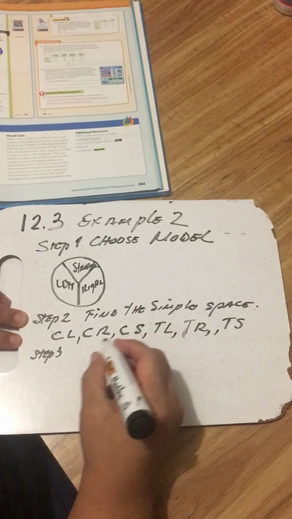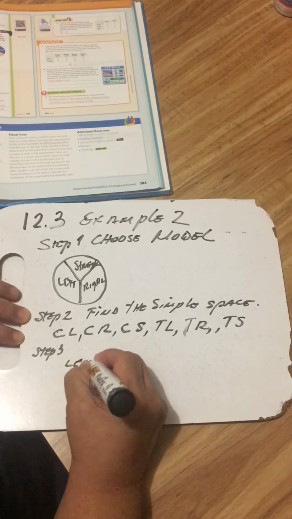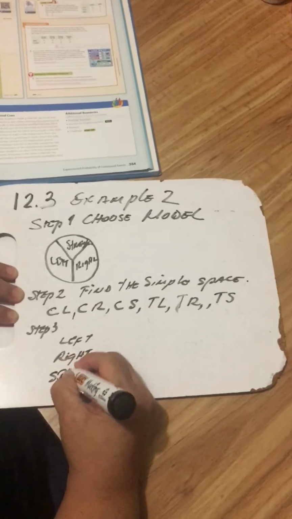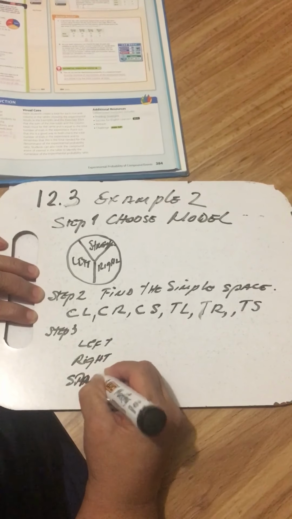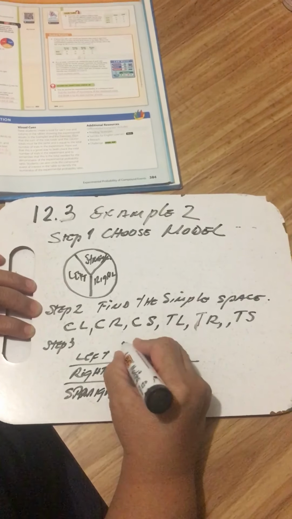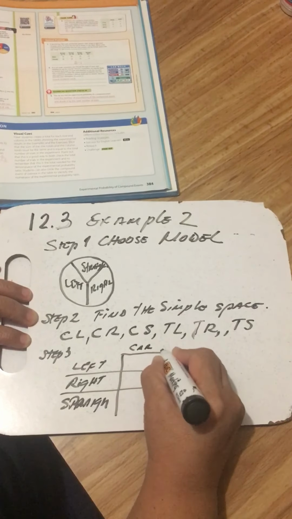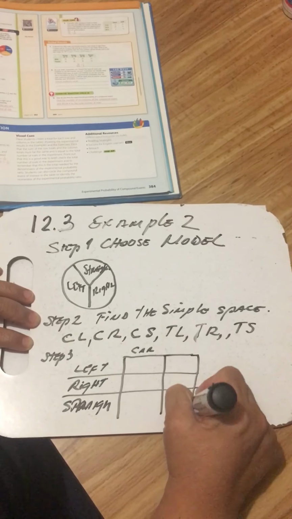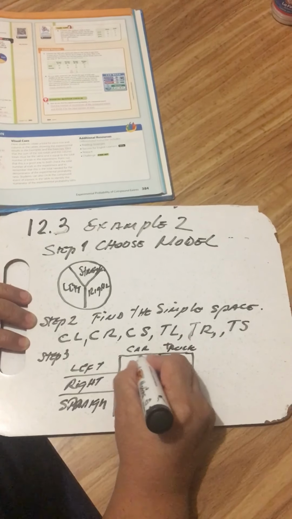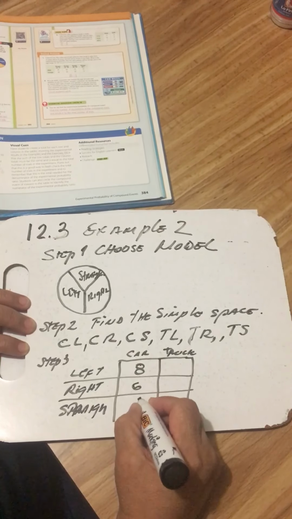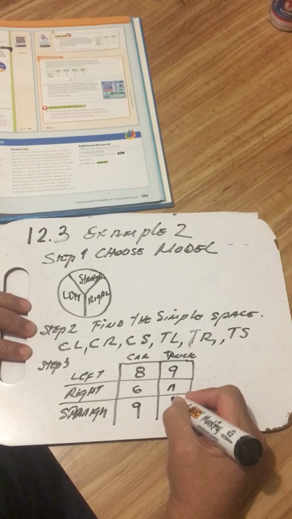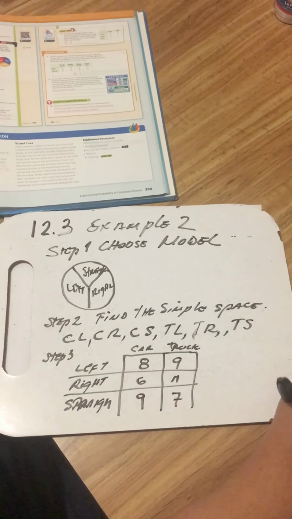Then the results are going to be left, right, and straight, and car and truck. It's going to be 8, 6, 9, 11, and 7. This is what we obtain in the experiment, okay?